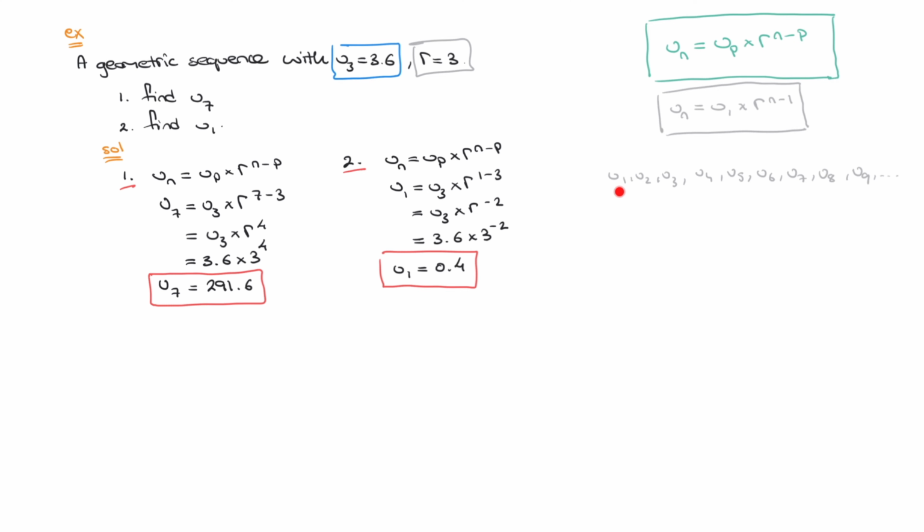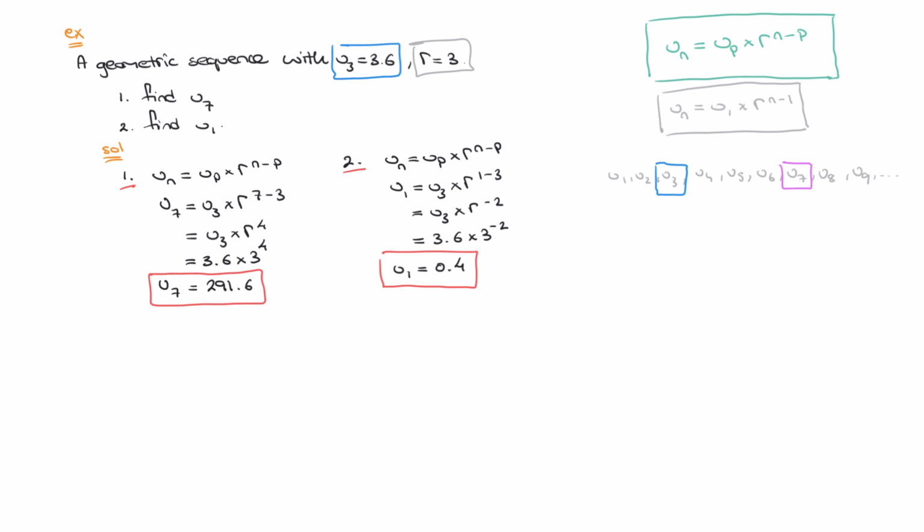Okay, now if these are terms of a geometric sequence, then we already know that to get from one term to the next in this sequence of numbers, we always multiply by the same amount, which is known as the common ratio. And to illustrate how or why this formula works, let's say, just like in this example, we know the sequence's third term, so that would be this term right here, u sub 3, and we need to find the sequence's seventh term, which would be right here, u sub 7.